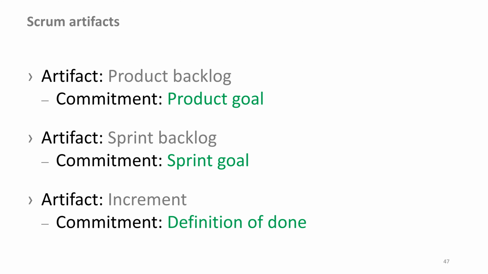The developers are required to conform to the definition of done. If there are multiple Scrum teams working together on a product, they must mutually define and comply with the same definition of done.